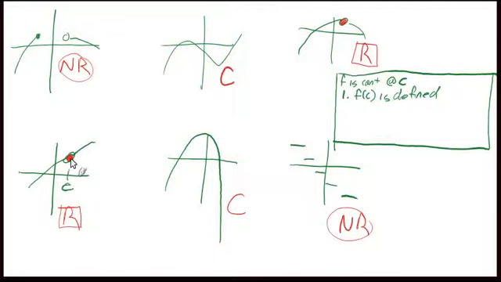The function doesn't even exist. Same here. At this c, there is no function. So that would be one thing. If there's no function to speak of, then of course it's not going to be continuous. It'll be discontinuous. Okay? Then the limit as x approaches c of f of x would have to exist.